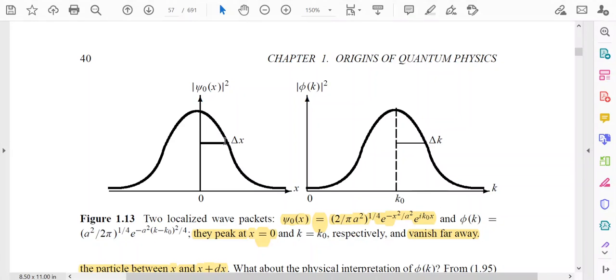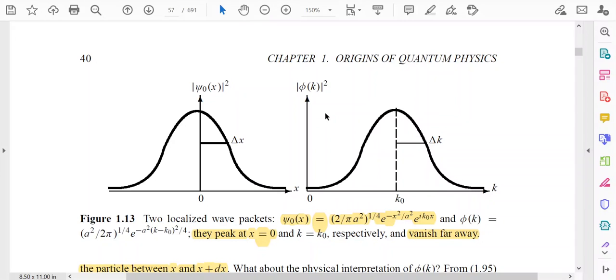Similarly, we can also describe phi k. If we plot phi k whole square as a function of k, the graph will look like this. At a particular position k0, we get the highest value of phi k square, and as we move far away from k0, the height of the wave packet decreases step by step.